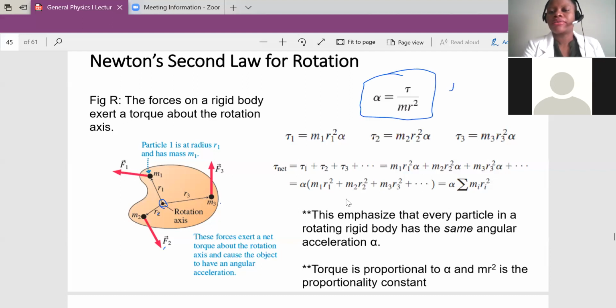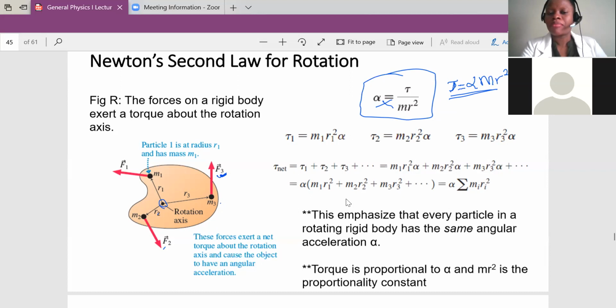So if we make tau the subject of the formula here, which is the net force we are seeing here as tangential force, we will have this, which is angular acceleration, mass, distance from the pivot squared.